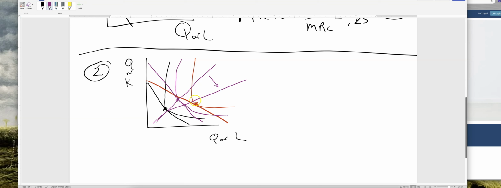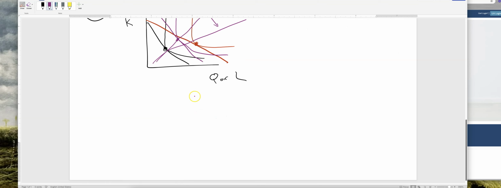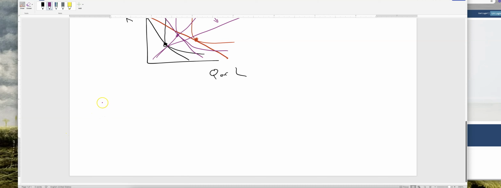And so that's essentially what you'll be drawing out for number two. Again, maybe elaborate some more, add some words and whatnot.